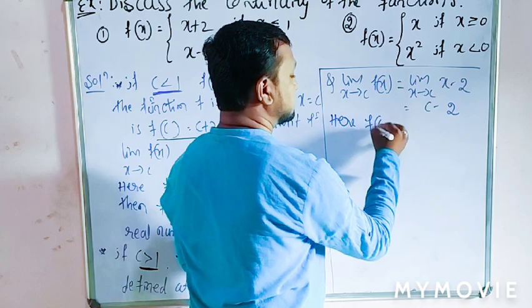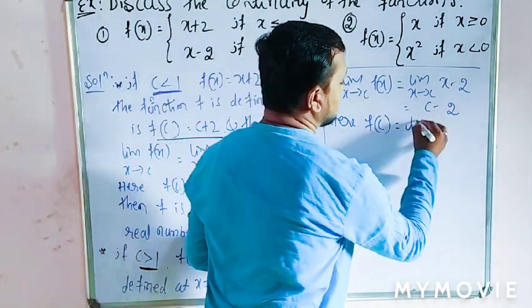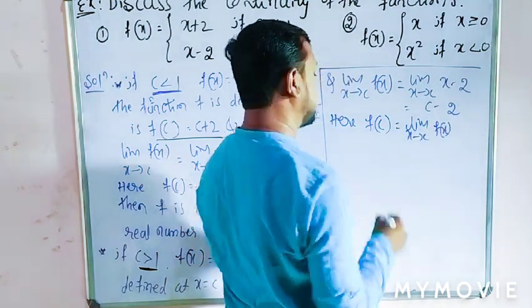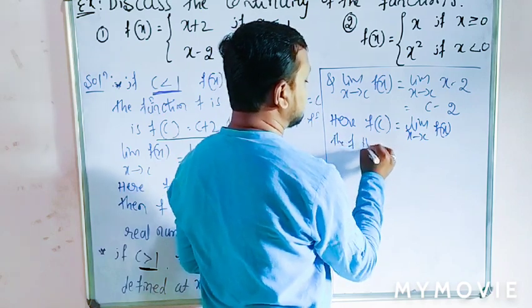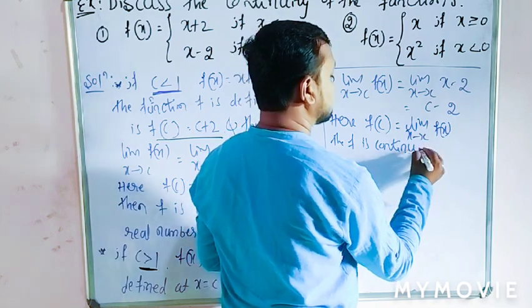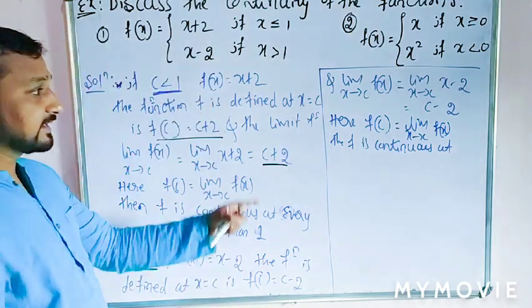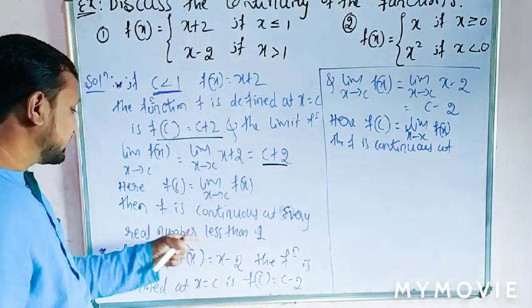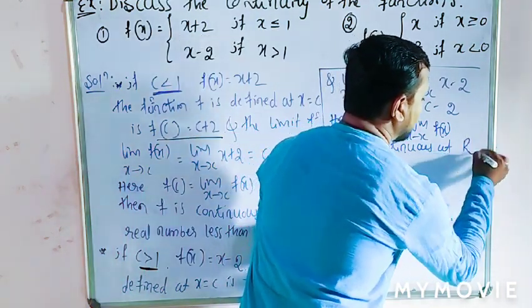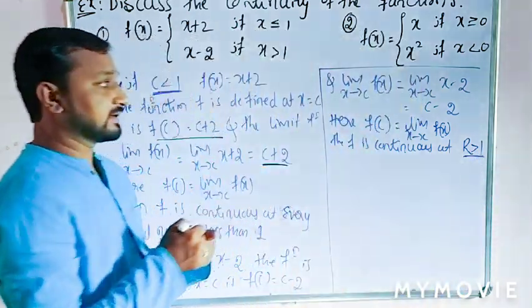Here f of C is equal to the limit of f of x as x tends to C. Thus f is continuous at every real number greater than 1.